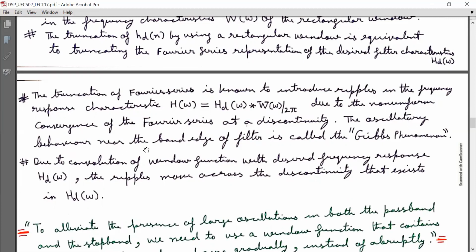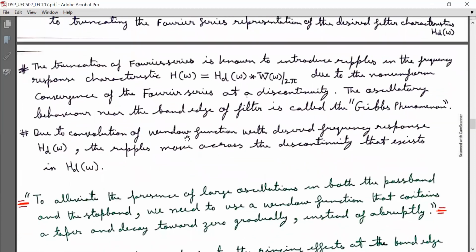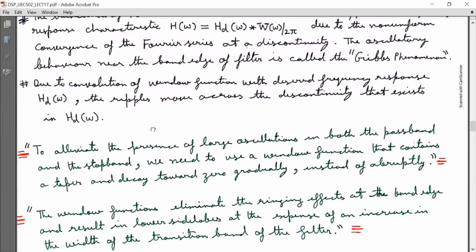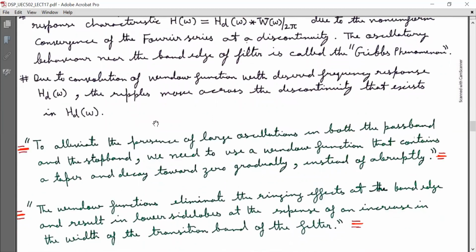The oscillatory behavior near the band edge of the filter is called the Gibbs phenomenon. Due to convolution of the window function with the desired frequency response Hd(ω), the ripples move across the discontinuity that exists in Hd(ω). These are some points, and when I show you the magnitude response, those facts will be clear.